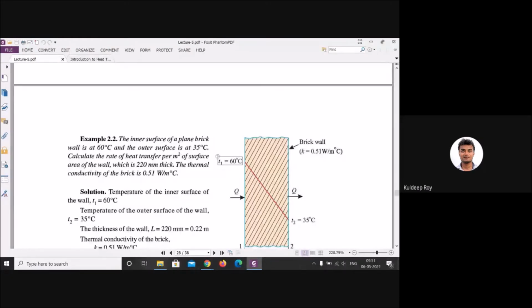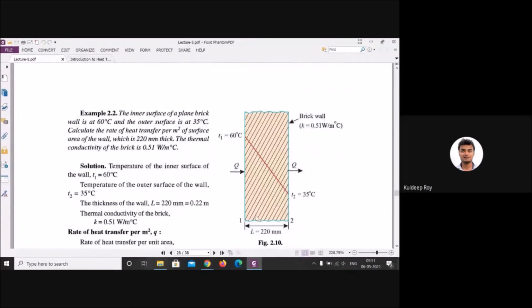Calculate the rate of heat transfer per meter square of surface area of the wall. The thickness given is 220 mm, and the thermal conductivity of the brick is 0.51.